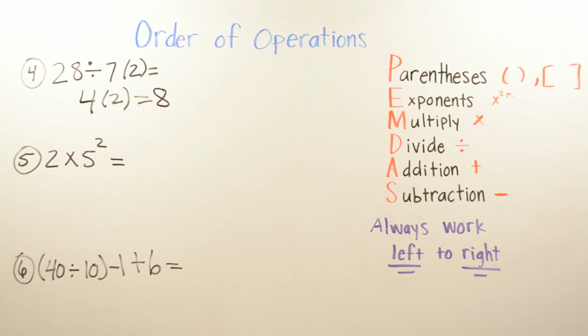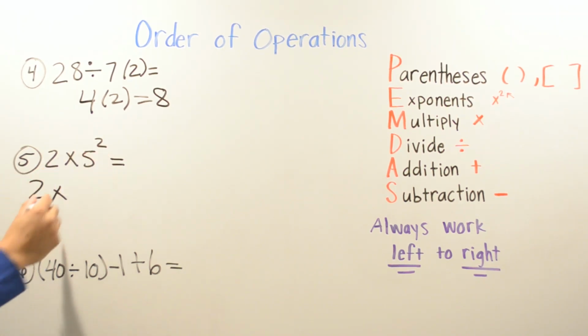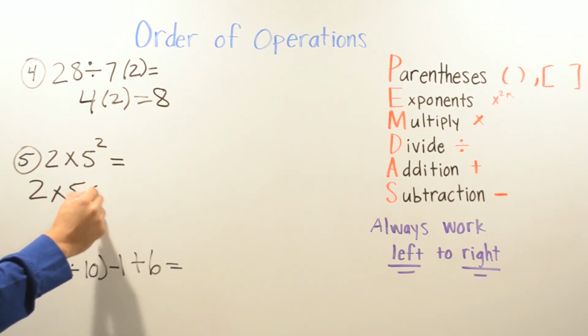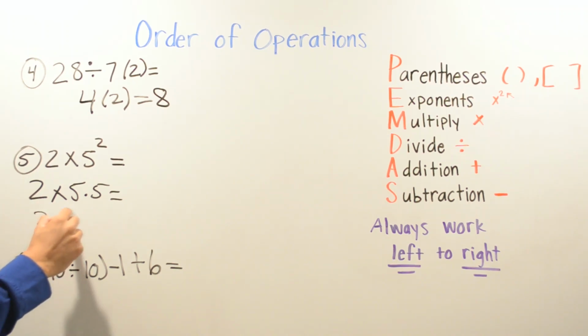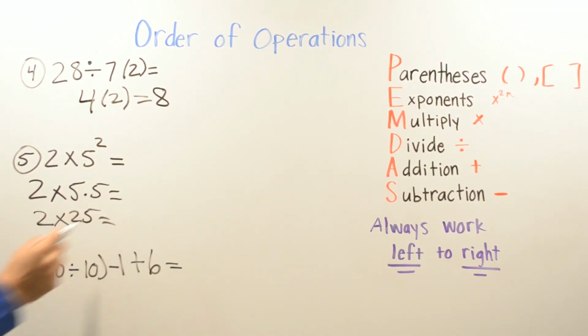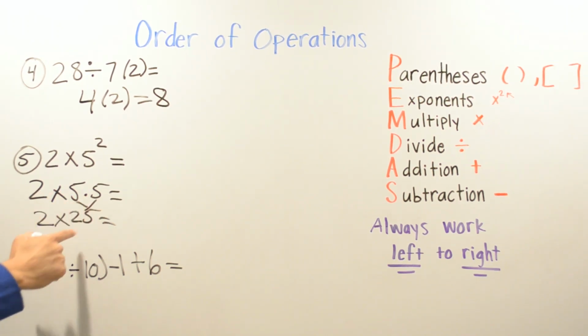I'll put it in the description so you can click on the link and practice on exponents. Okay, so here we're going to do 2 times, if we know the exponents, we're going to multiply 5 times 5. That's what it's telling you to do. So we're going to do 2 times 25, because 5 times 5 is 25.